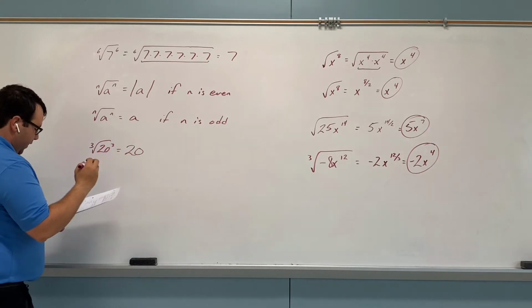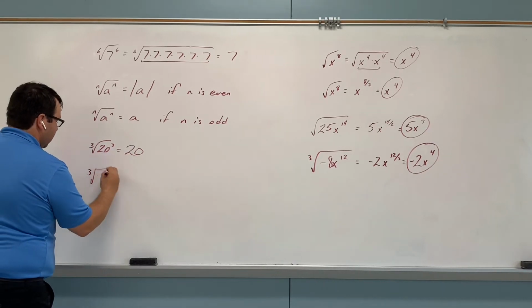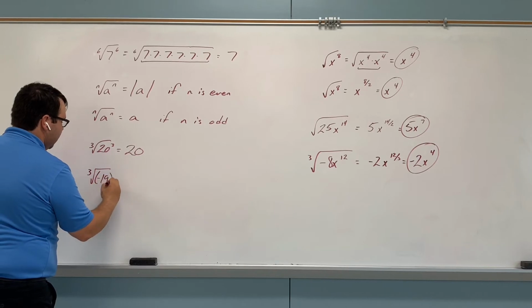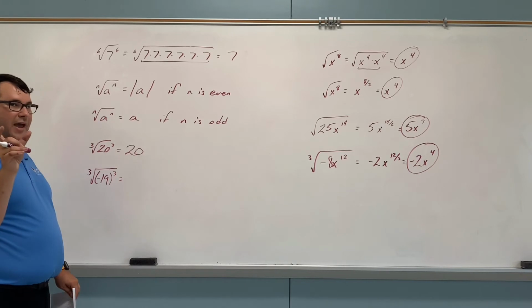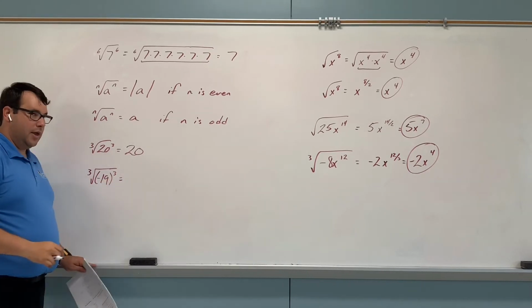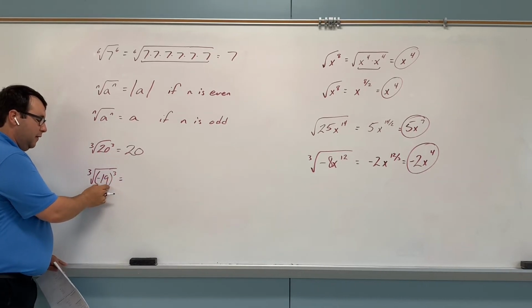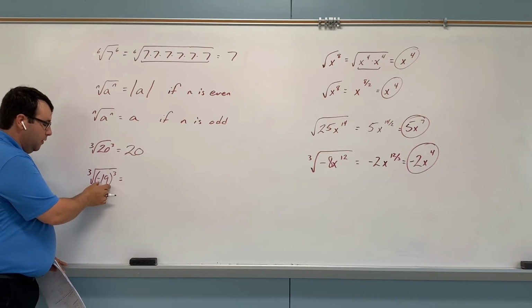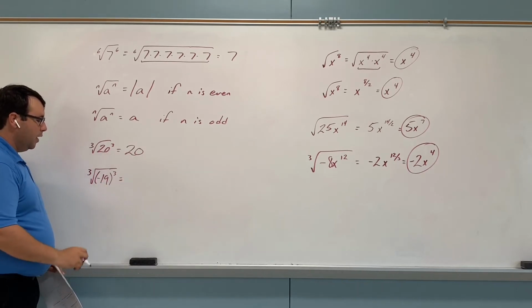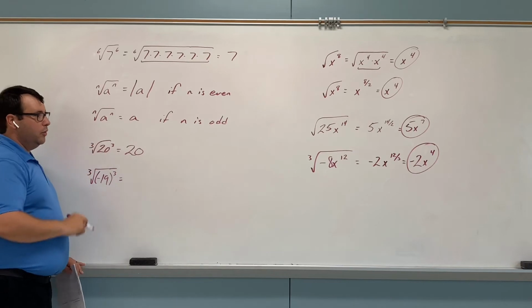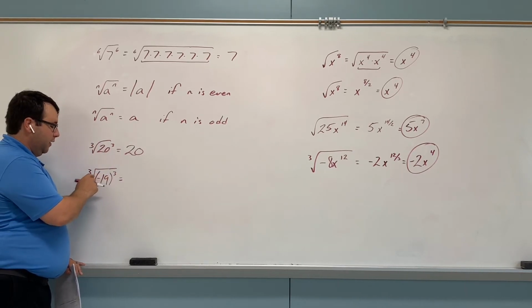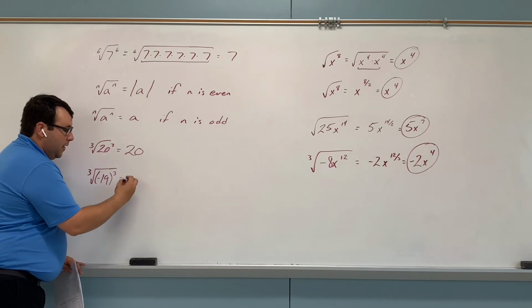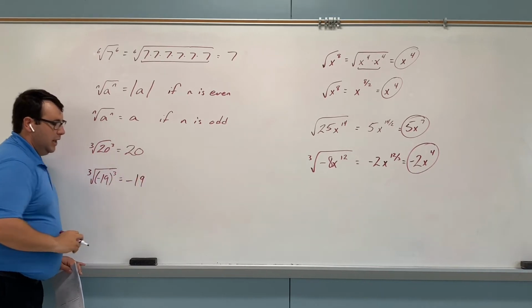Let's say I have the cubic root of negative 19 cubed. Notice how my negative 19 is the entire base to that exponent of 3. You can see that because it is bound here with parentheses. So I'm looking at an odd root index, the 3 here. It's the same exact value there, so that's nice. And that makes this a negative 19.